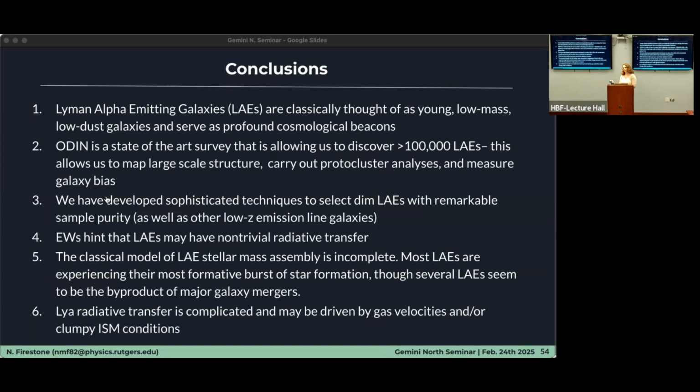Because what we see is not necessarily what's intrinsic, and it's probably not close to it at all. So you have to think about things like the opening angle of the Lyman alpha emission and how your orientation plays into it. So we're working with fundamental aspects of what the galaxy looks like itself, but also how we're seeing the light escape through that galaxy and then travel to us.